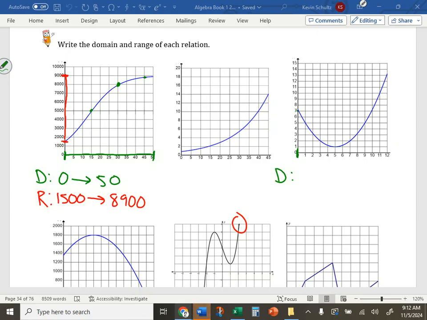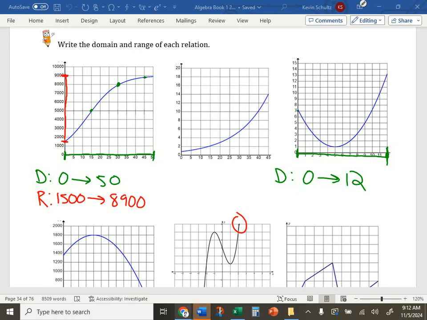What's the highest x value? 12. So everything from 0 to 12 is part of the domain. You're not looking at the shape necessarily. You're looking at what x values are being used. Everything from 0 to 12 is being used.